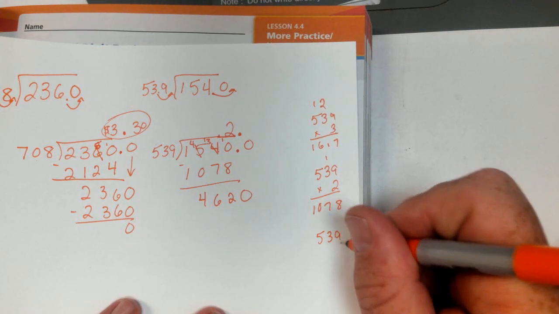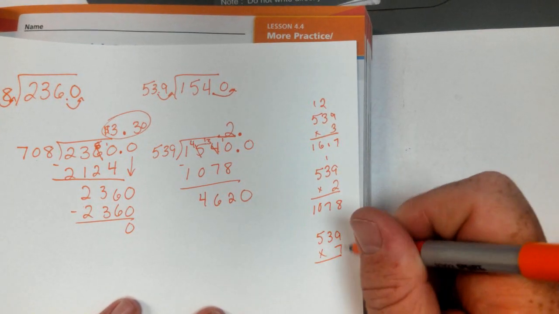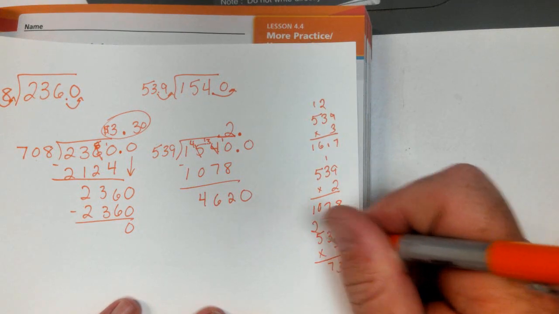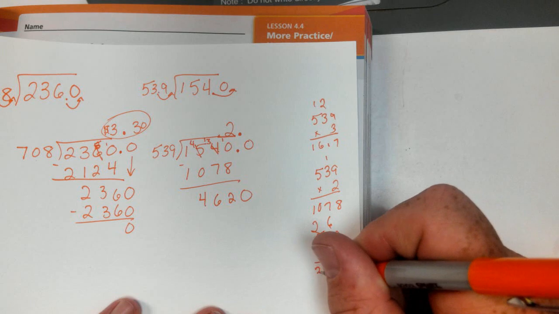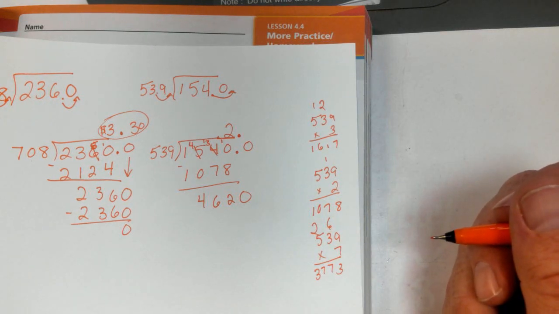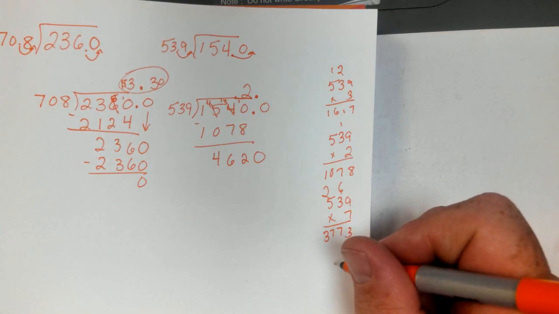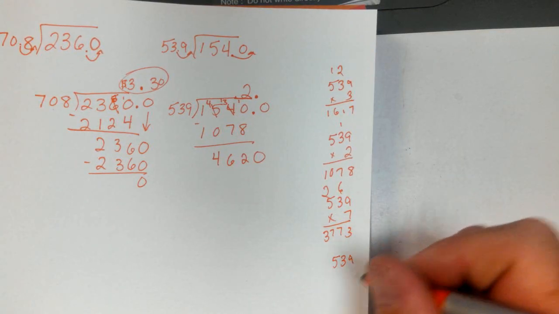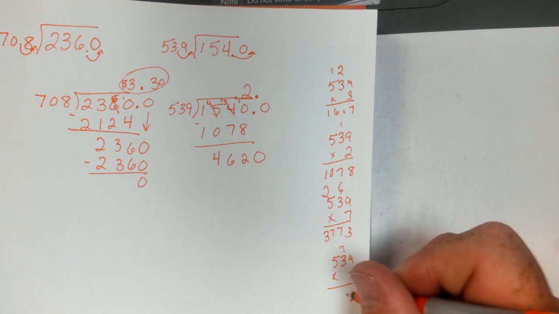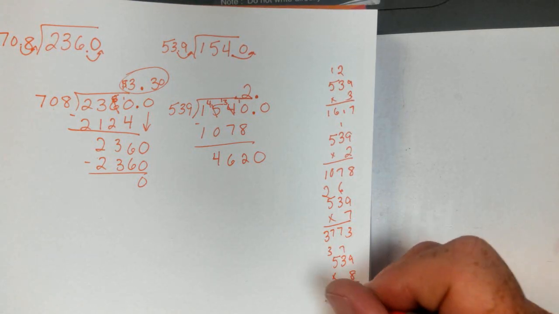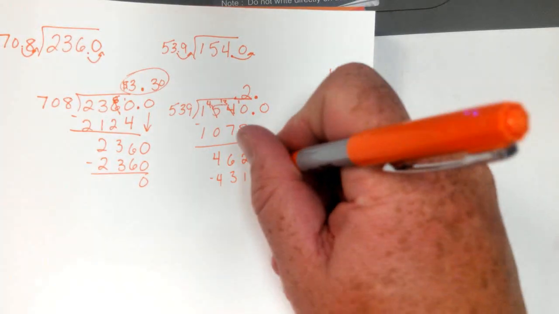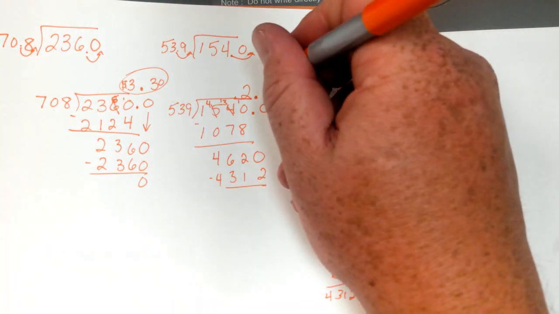If I do 539 times 7: 3, 6, 21, 27, 35, 37, 3,773. I think I can go in one more time, actually. 539 times 8 is 4,312. Okay? So I went in there 8 times.